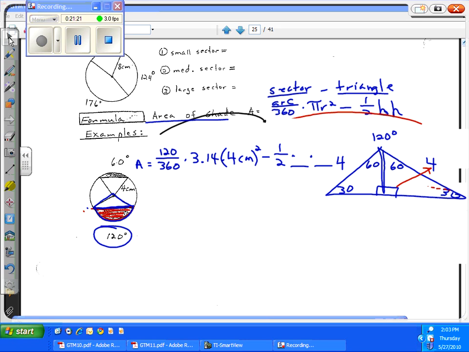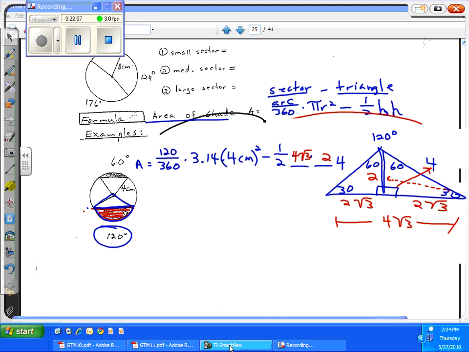If the hypotenuse is 4, the short leg is half of that, 2, because the hypotenuse is twice the short leg. Long leg equals short leg 2 times the square root of 3. If that's 2 square root 3, this is 2 square root 3 because of the isosceles triangle theorem. So the whole base is 4 square root 3, and the height is 2.